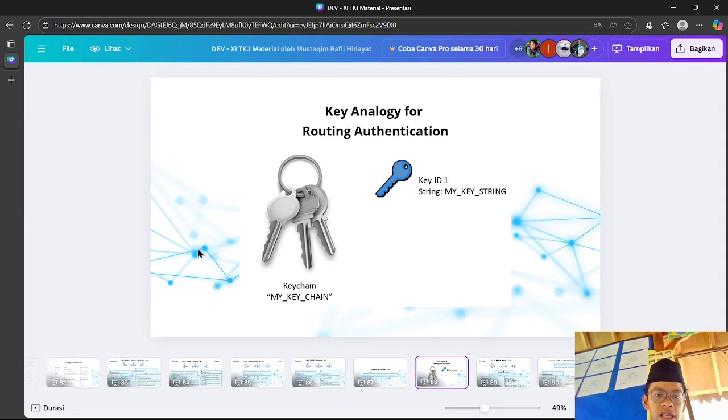Then the key ID is key 1, the first key ID. The string, or the teeth, is my_key_string. Then the key chain, the hanger, is the combination of all the keys. We write my_key_chain.